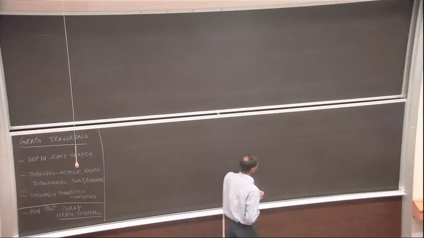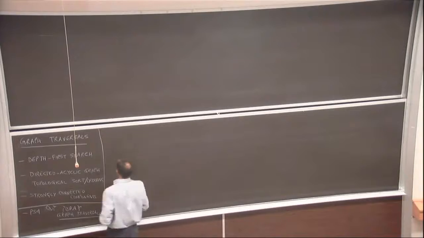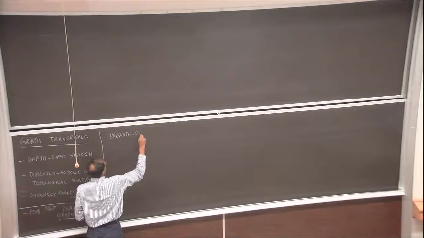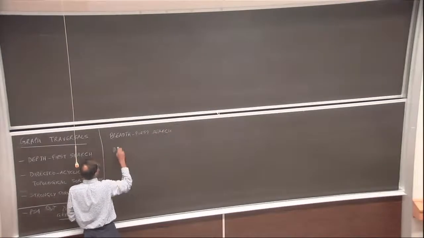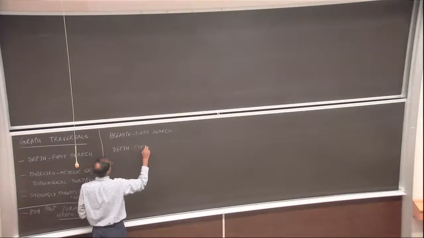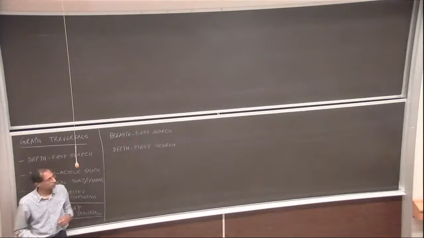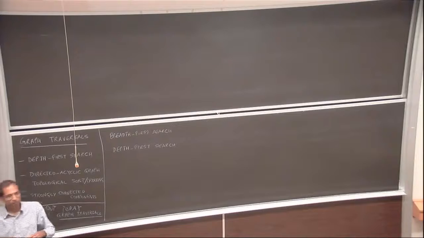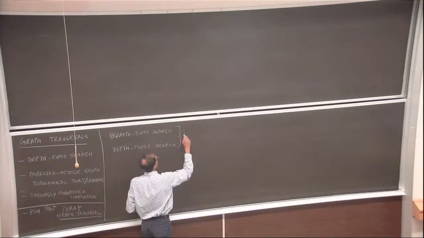So let's review the two kinds of traversals that are most common: breadth first search and depth first search. The idea of both is that you think of exploring vertices and edges. The role of both of these is to explore the entire graph.